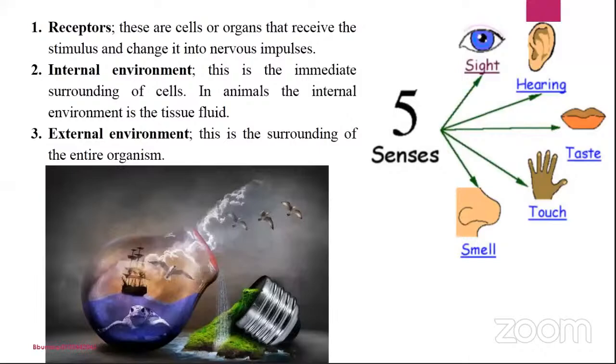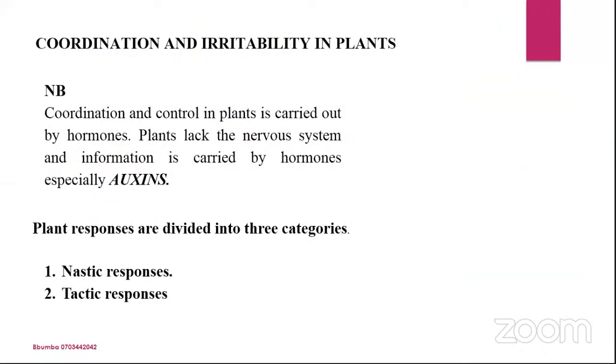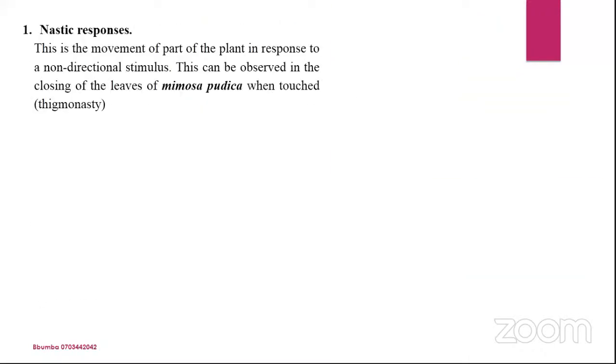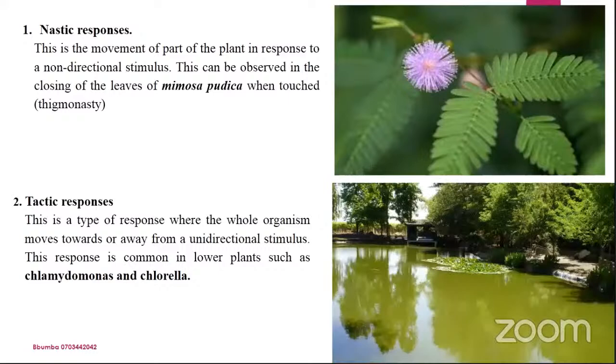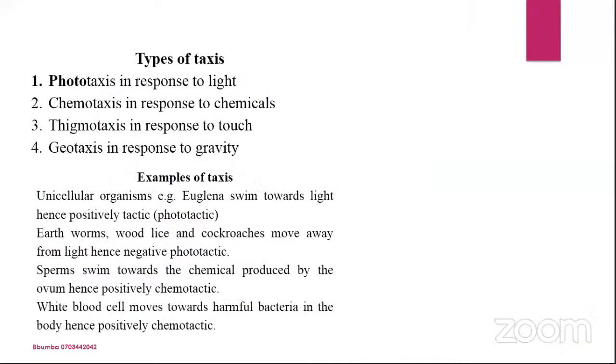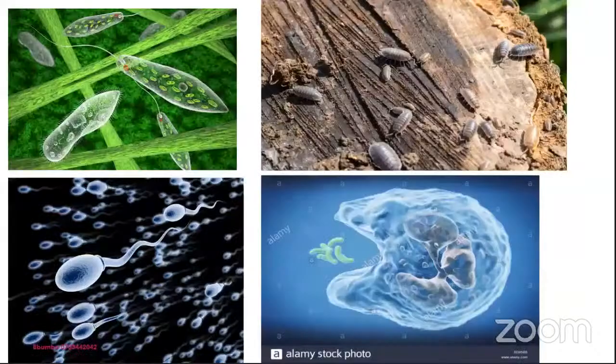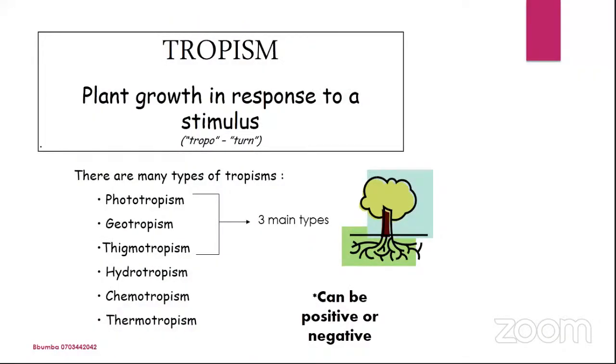When we were looking at it, we looked at different tropisms and the tactic responses, with different examples. We even did some quizzes. Normally I organize a small quiz after every subtopic, with questions to check how you understood them.